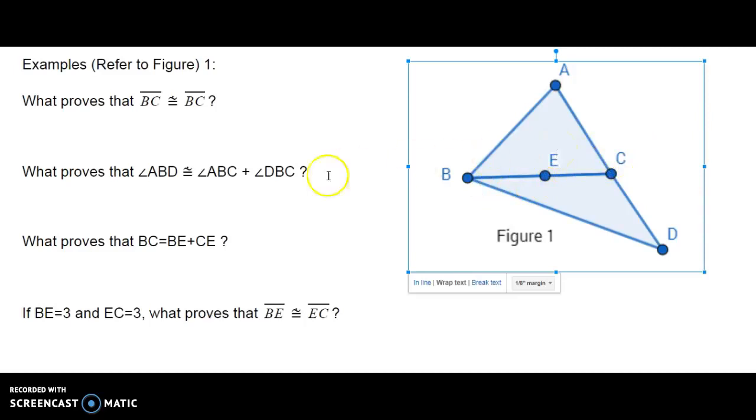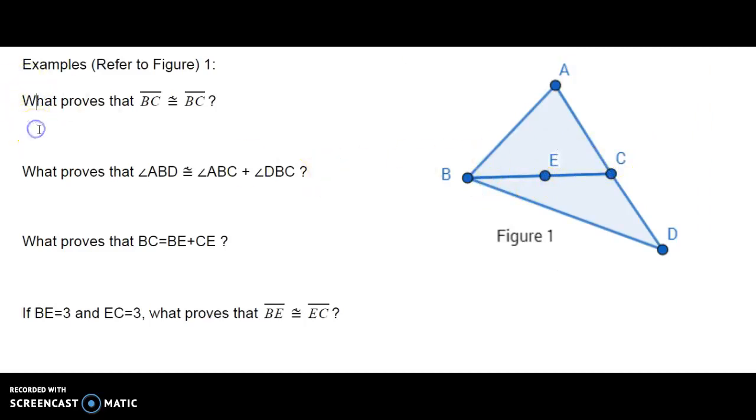Well, that's pretty straightforward. That's going to be our reflexive property. We talked about that. That's going to be our reflexive property because that's simply saying that something is congruent to itself.